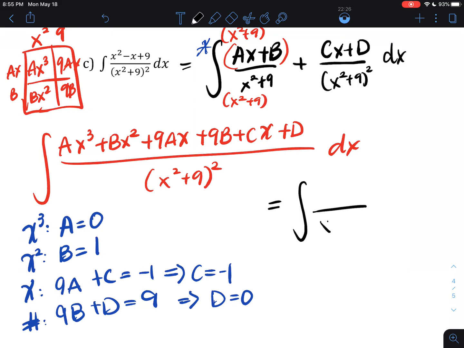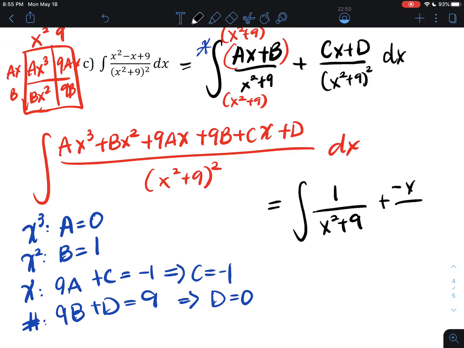okay, so denominator x squared plus 9. Okay, so x squared plus 9, and then on top I have ax plus b. So a is 0, so 0x plus 1 is 1. Plus, and then I have cx plus d. Cx is -x plus 0.